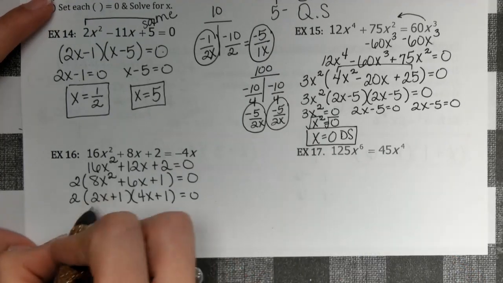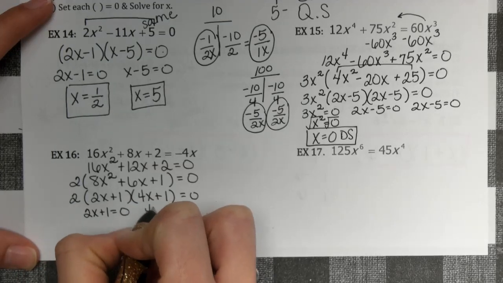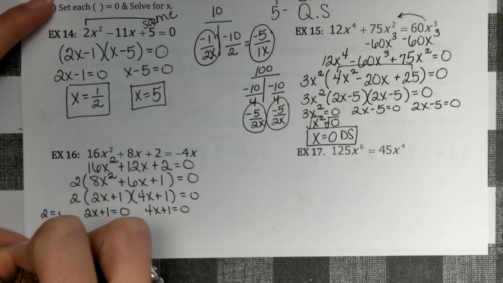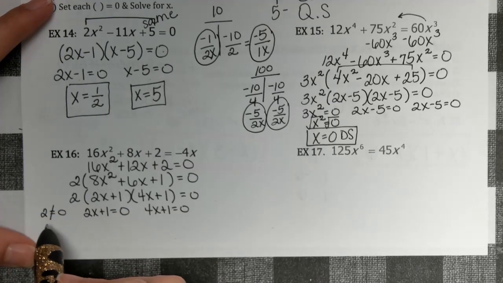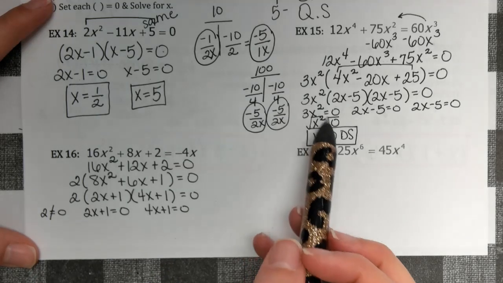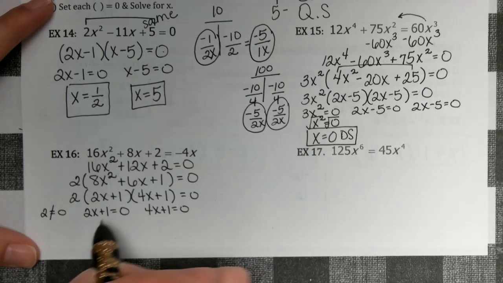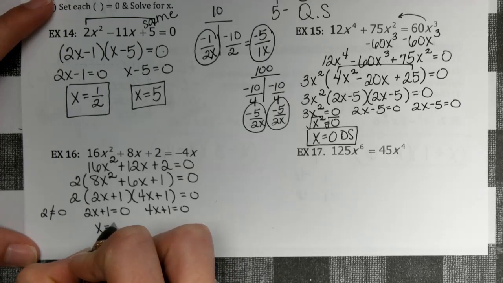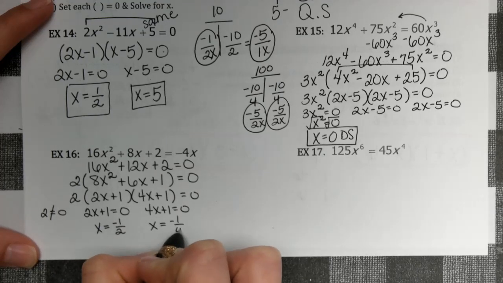Okay, so then set 2x plus 1 equal to 0, 4x plus 1 equal to 0. This 2 equal to 0 doesn't do anything because I don't have an x, and 2 isn't equal to 0. Okay, so if you have an x, then set it equal to 0. If you don't, then don't worry about that GCF. Okay, so then my 2x value should be x equals what? And? Very good.